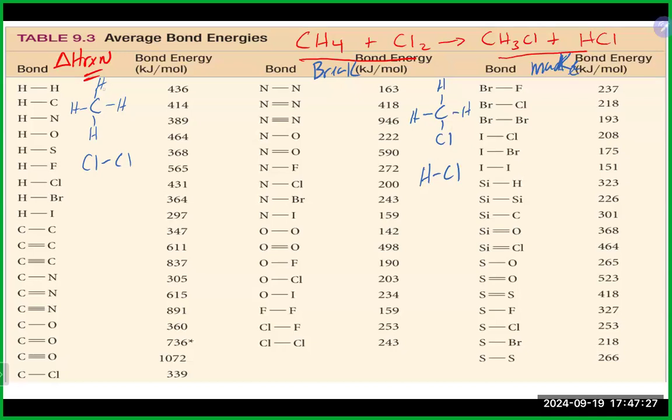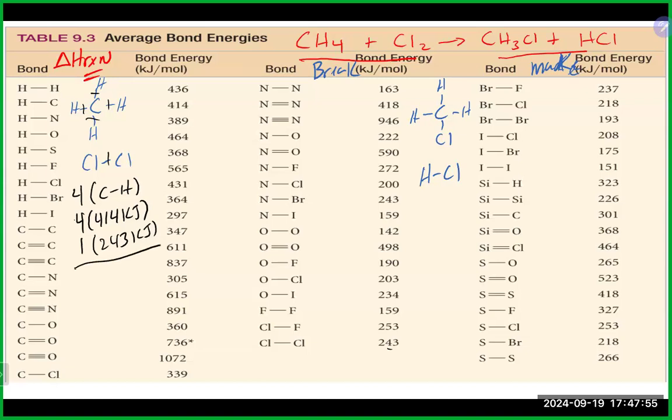So clearly, if we just count up everything, I got 1, 2, 3, 4 carbon hydrogen bonds that need to break, and each one is 414. That's going to be 4 times 414 kilojoules. I have one chlorine bond that needs to break, which is down here. So that's going to be a 243 for my chlorine bond.